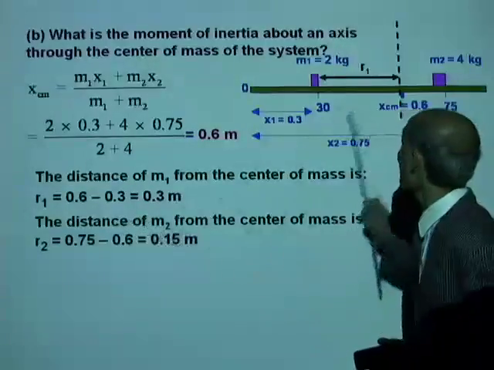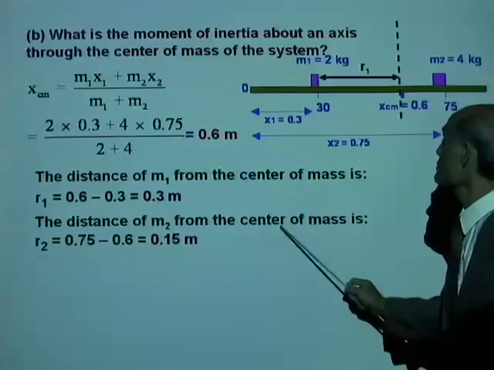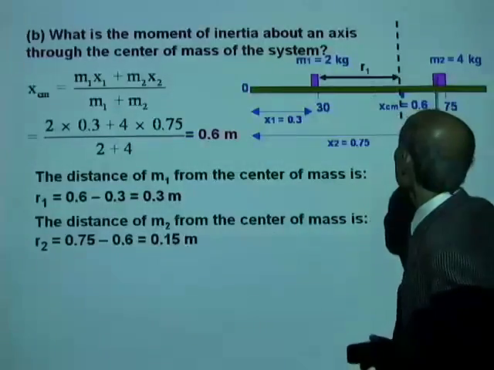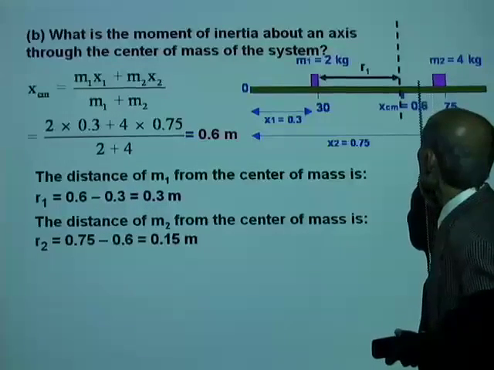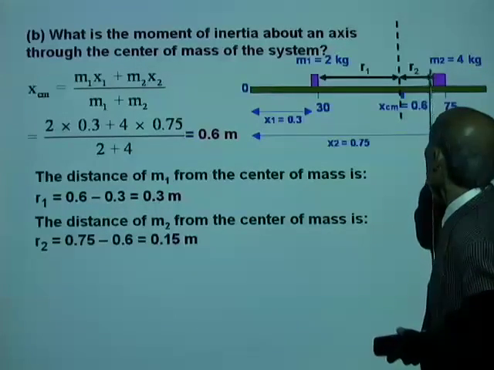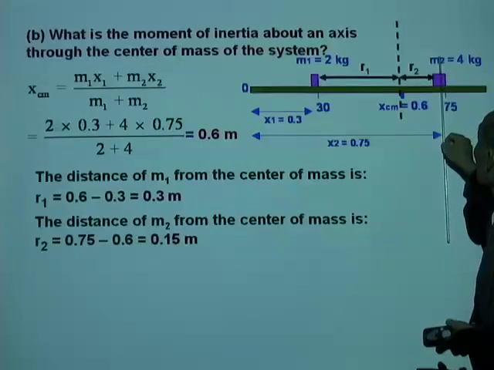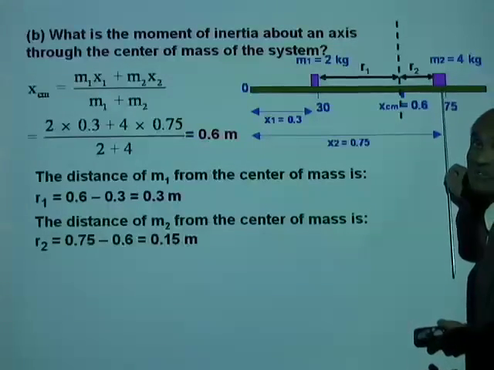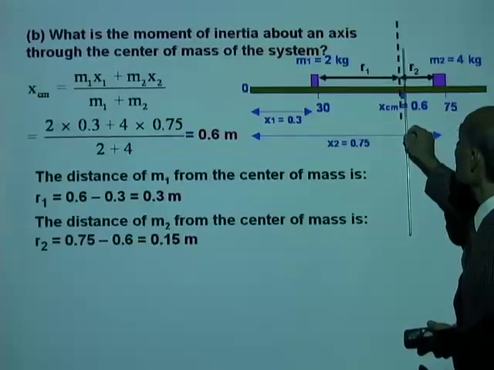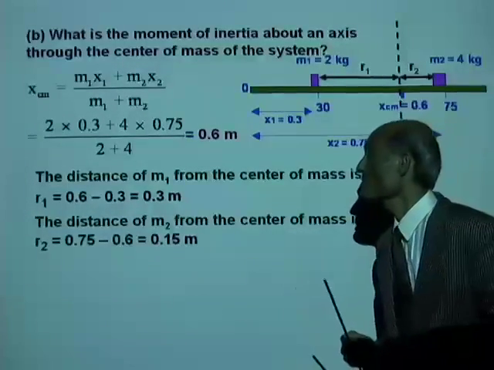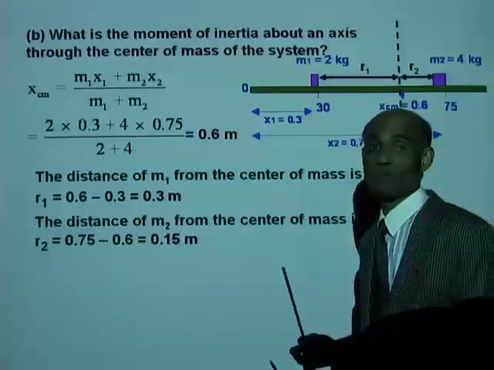The distance of M2 from the center of mass is this distance, R2. And what is that equal to? 0.75, 75 centimeter. 0.75 minus 0.6, that is 0.15 meter.